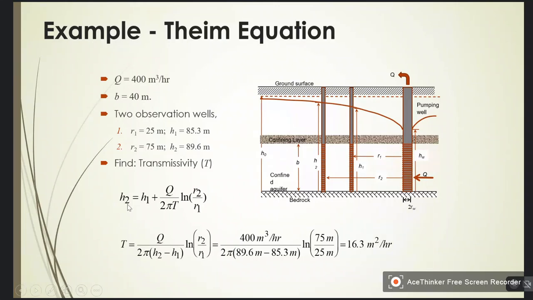This is the equation. H2 is equal to H1.